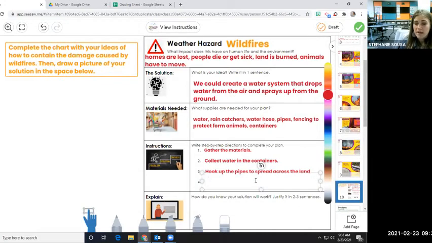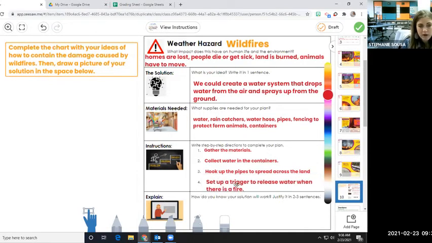So again, my step-by-step plan is just detailed instructions for how people are going to build this or create it, okay? We can't just say, build it. People have to know what it is that we're composing. So once we've gathered the materials, we've collected water, we've hooked up pipes to spread across the land, we are going to set up a trigger to release water when there is a fire.